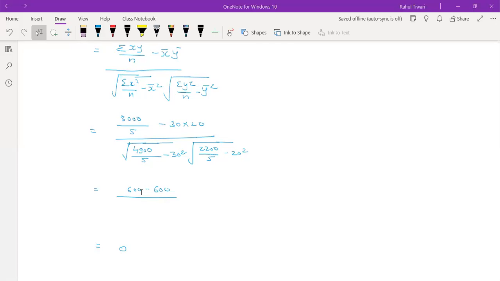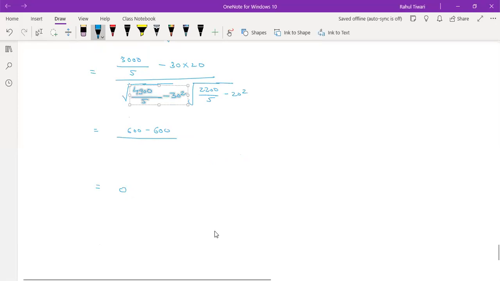Since your numerator itself is coming 0, the denominator could be whatever value. It doesn't matter for me. You can calculate and get some value, but 0 upon something is always 0, right?